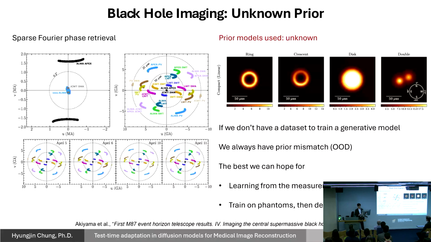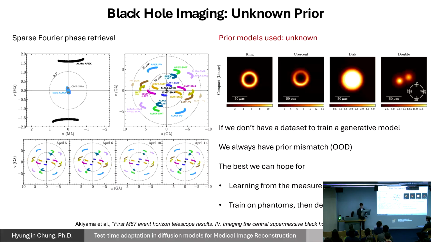One example that I like to talk about often is the black hole imaging case, where you never have access to one ground truth image, since all you can do is sparsely sample the k-space magnitude in the same exact place of the k-space matrix. So your problem becomes, given all these sparse measurements, you can't train a good prior.